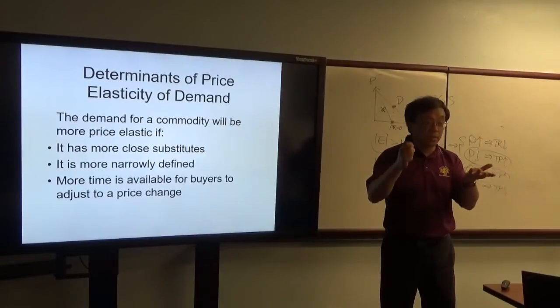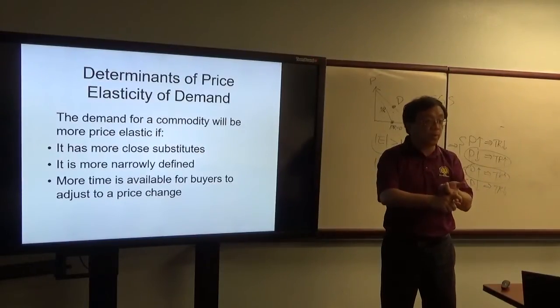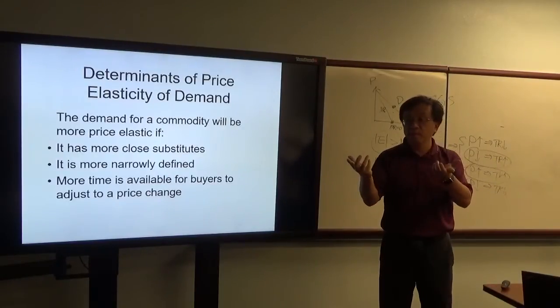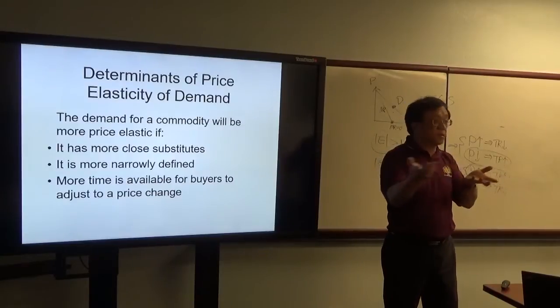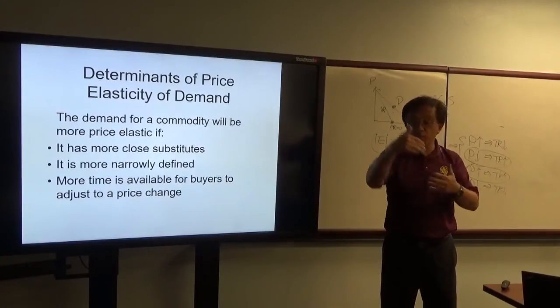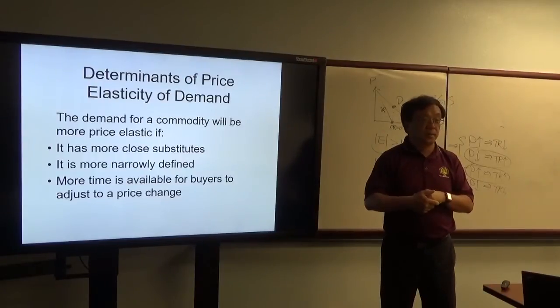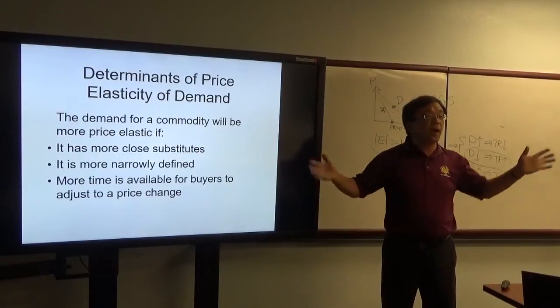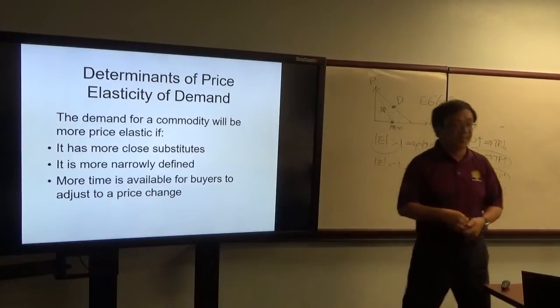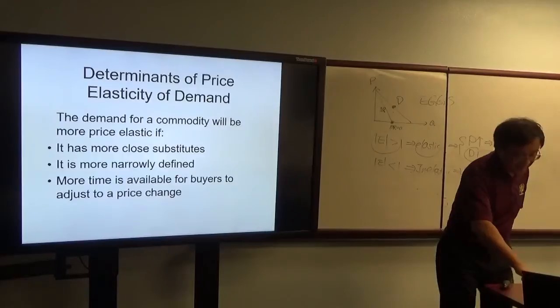Are you going to stop driving tomorrow? No. You still have to report to the workplace, right? You still have to drop your kids at the school, right? But how about 10 years from today, if the gasoline price stays that high? Get a battery car. So, adjustment. So it should be more elastic in the long run.